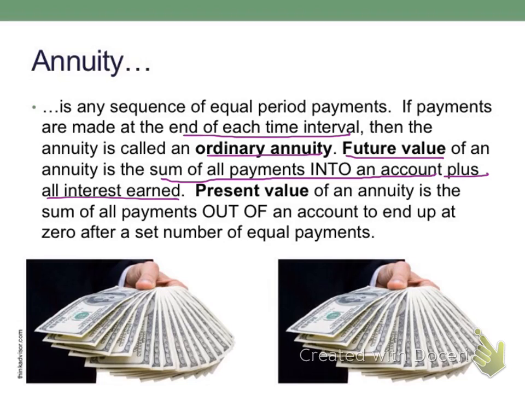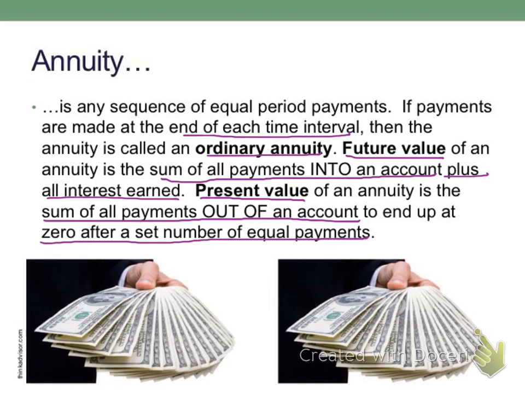But we can also think in terms of a present value of an annuity. And for this, we need to think in terms of all of the payments that we want to pay out of an account so that we end up with 0 after a set number of equal payments. Okay, so we're kind of reversing the thinking here.